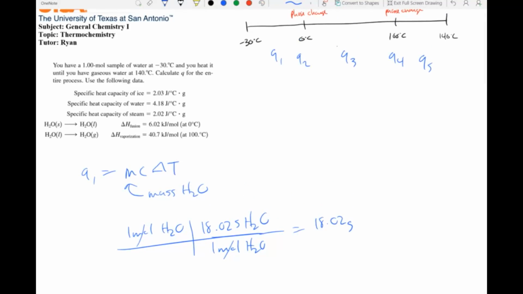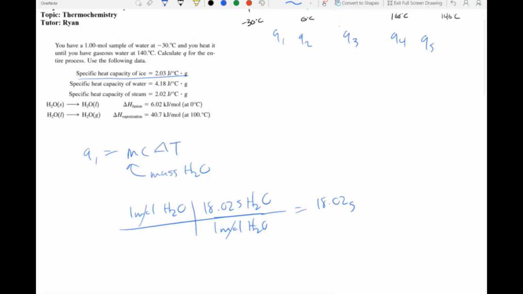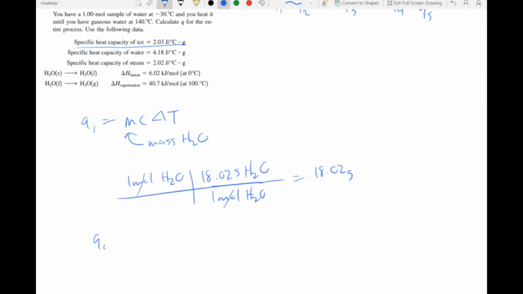We do have the specific heat of ice, which is given to us in the problem statement, and delta T, we have that as well. So Q1 is going to equal 18.02 grams, that's what we calculated, times C, which is 2.03 joules per degree Celsius times grams, times our final temperature, which is going to be 0, minus our initial, which is negative 30.